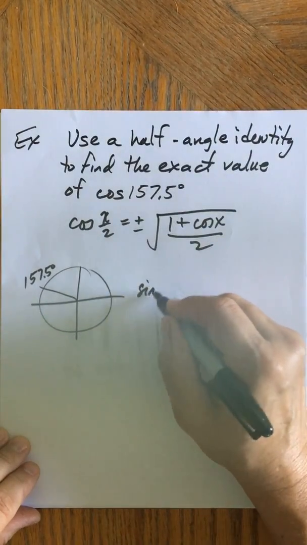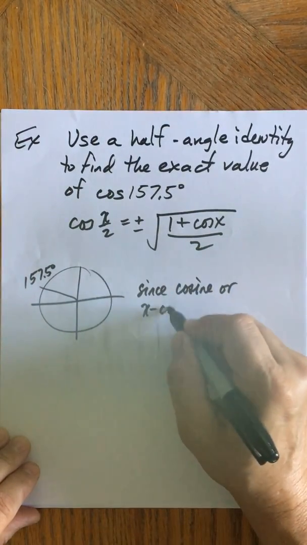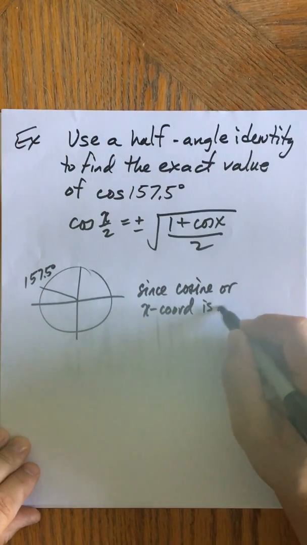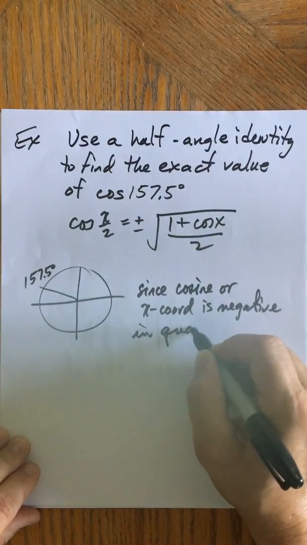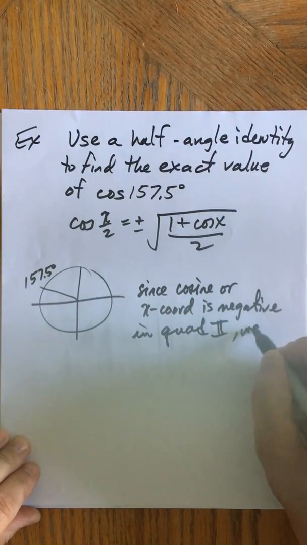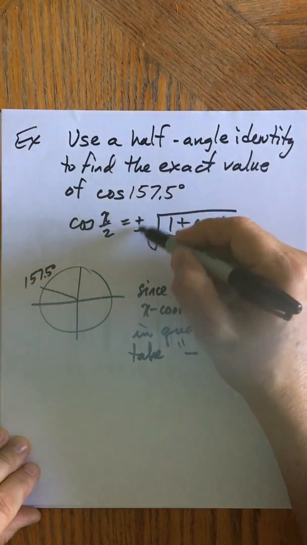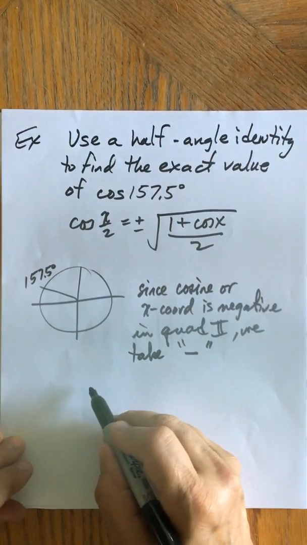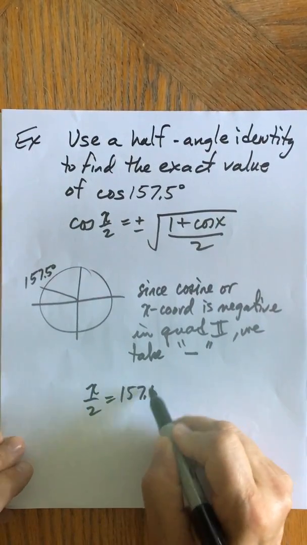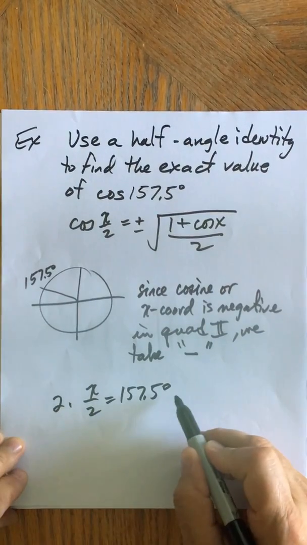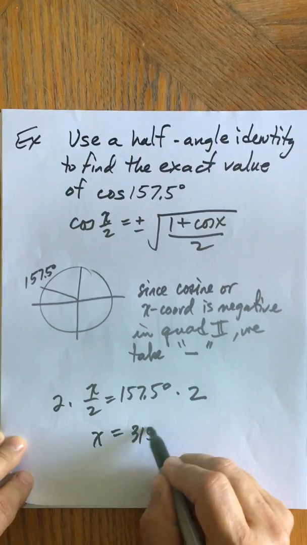So since cosine, or the x-coordinate, is negative in quadrant 2, we take the negative of these two. And the other thing I want to mention is that x over 2 is 157.5 degrees. So I'm going to multiply both sides by 2, and then I get that x is 315 degrees.